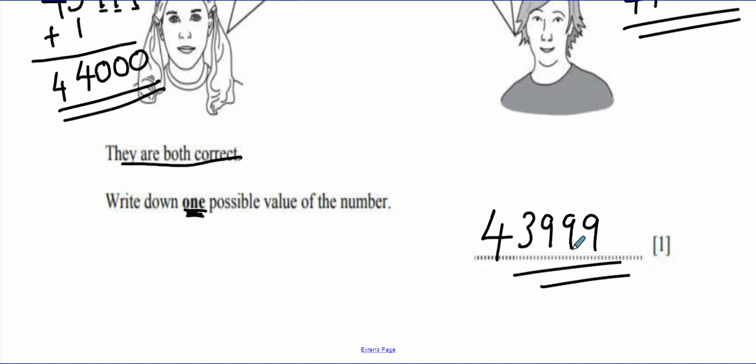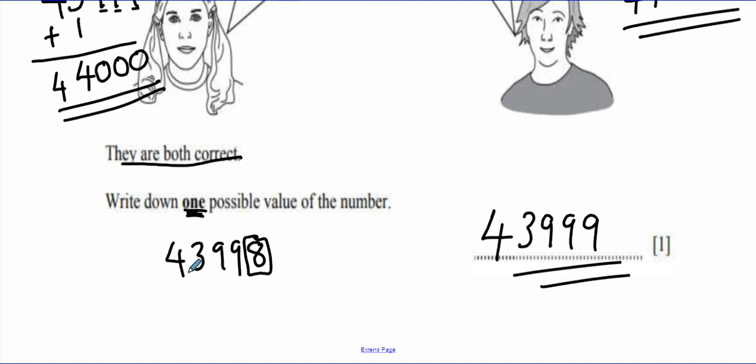Or otherwise, let me check. 4399. Yeah, there is another possibility. Somebody can say, for example, 43,998. Yes, this is one of the possibilities.